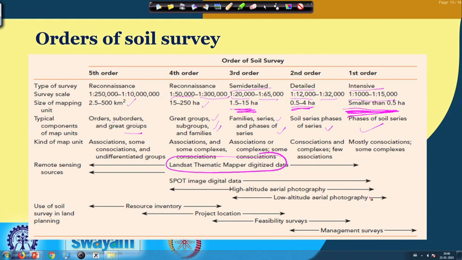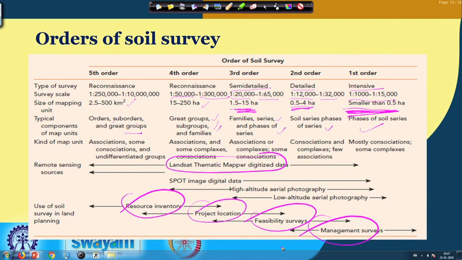As for the use of soil survey in land use planning, the fifth order and fourth order are useful for resource inventory, and the fourth order to third order are for project location. Feasibility surveys can be done from the third order and second order, and management surveys can be done using the first order and second order.